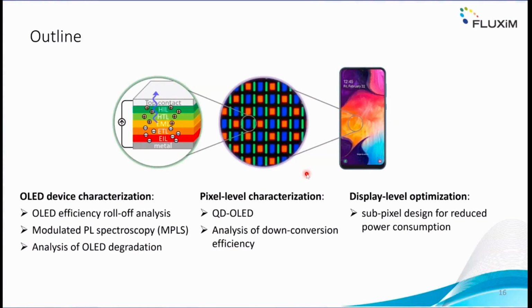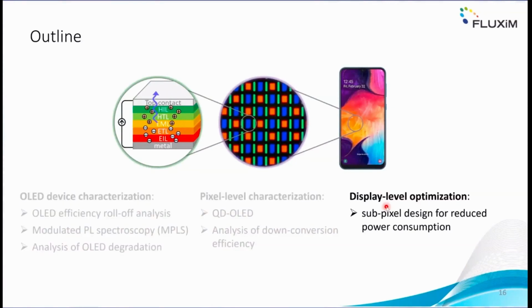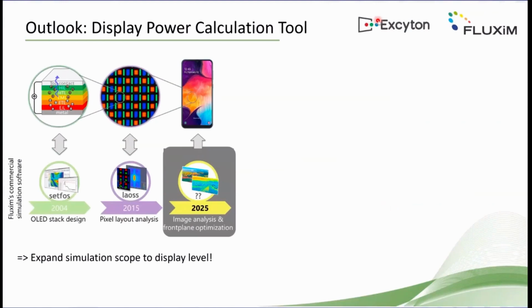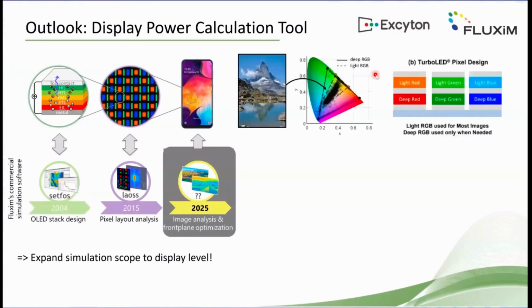Now, the last two slides are on the last topic that we have been working on recently, where we presented some results on power consumption calculation, which matters for the battery life of the mobile phone, and the proper choice of subpixels. There is a startup company in the UK called Exiton that has patented and introduced a concept of turbo OLED.